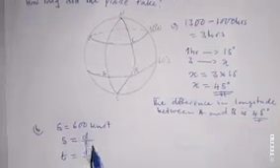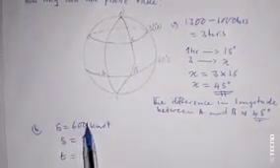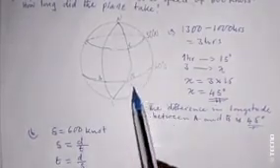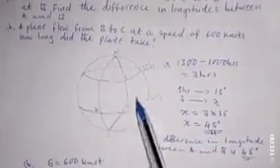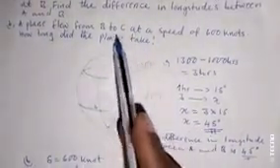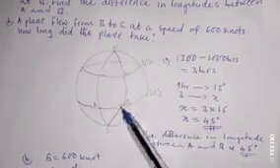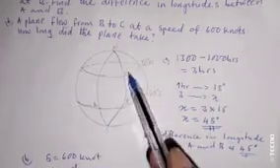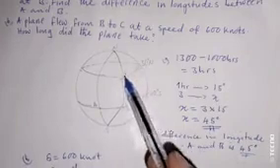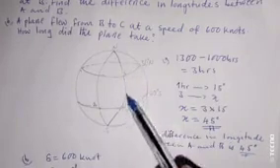Speed here we have, which is 600. For us to find the distance, remember it is BC. We are going to calculate the distance of BC.